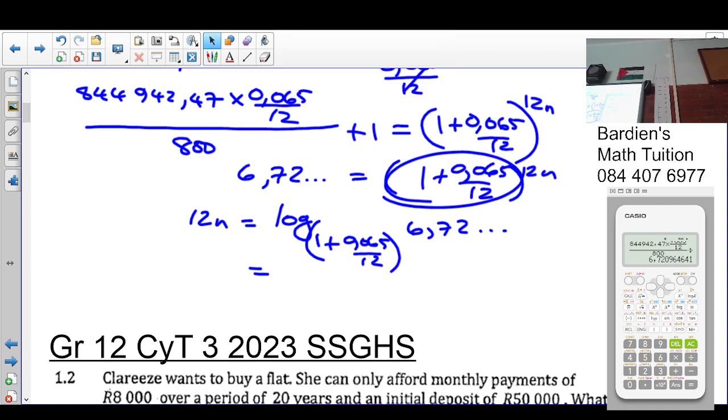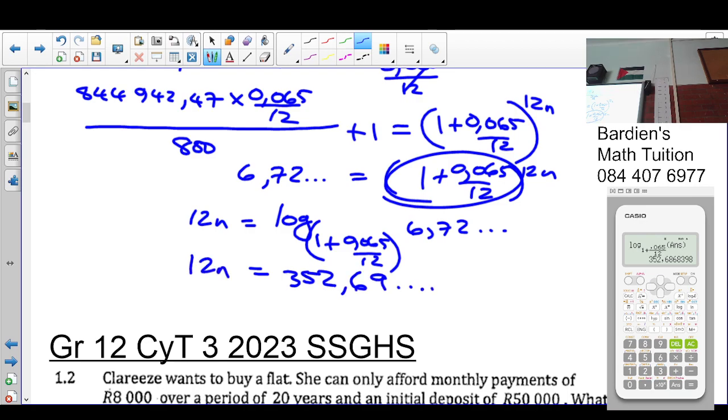So that would be log to the base of 1 plus 0,065 over 12, and that answer there is 352,69. Of course, the number carries on.